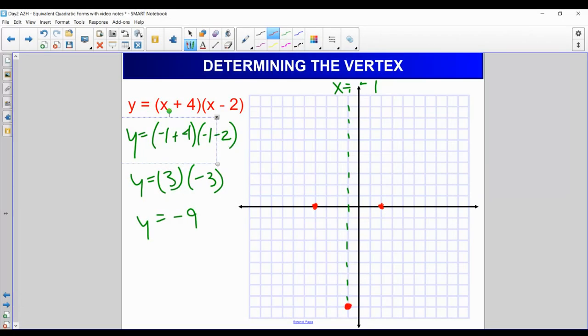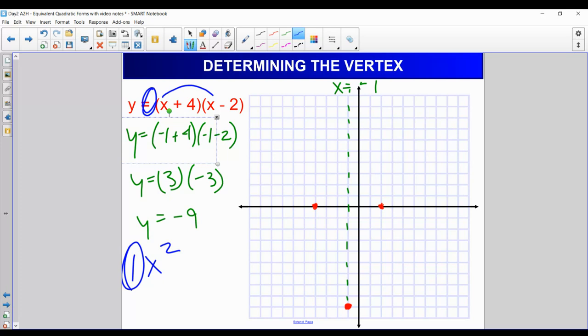Okay, so the thing I have to know from here, if I want to graph the whole thing, is that my a value, because I would multiply x times x and get x squared, is just 1. So now this is going to behave like the parent.